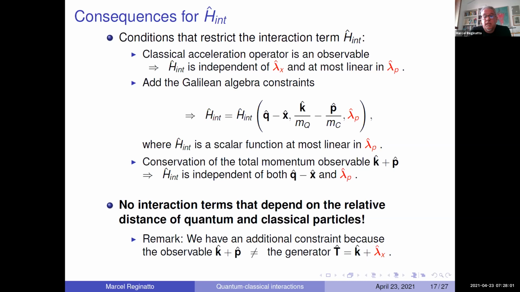The generators typically use these non-observable operators. This has serious consequences if you're doing foundations of physics and you want to define a non-relativistic hybrid system in terms of the Galilean Lie algebra, because it restricts your interaction to the point that you cannot, for example, have a harmonic oscillator that depends on the distance of the quantum and classical particle, or a gravitational field, or things like that.